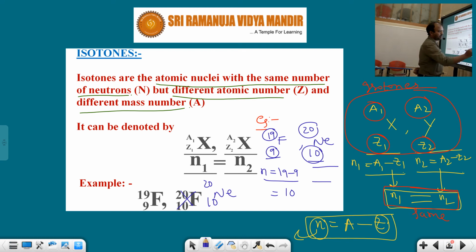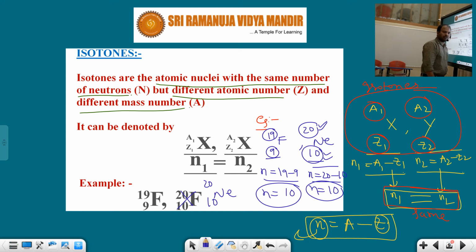For the second element, calculate the neutron number. How? Mass number minus atomic number. Here the mass number is 20 and the atomic number is 10. That means the neutron number is 10. This is also neutron number 10 for the first element, and this is also neutron number 10 for the second element.